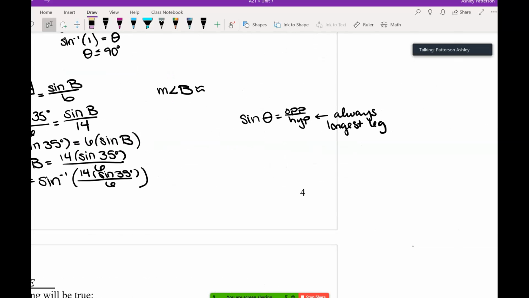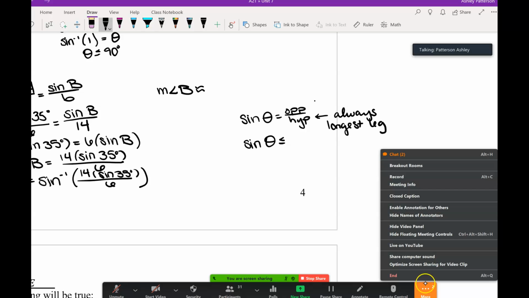Think about if I have a sine ratio, and regardless of the numbers, the denominator is always the longest side. Think fraction-wise, right? What can this ratio never be greater than? What number can it not go over?